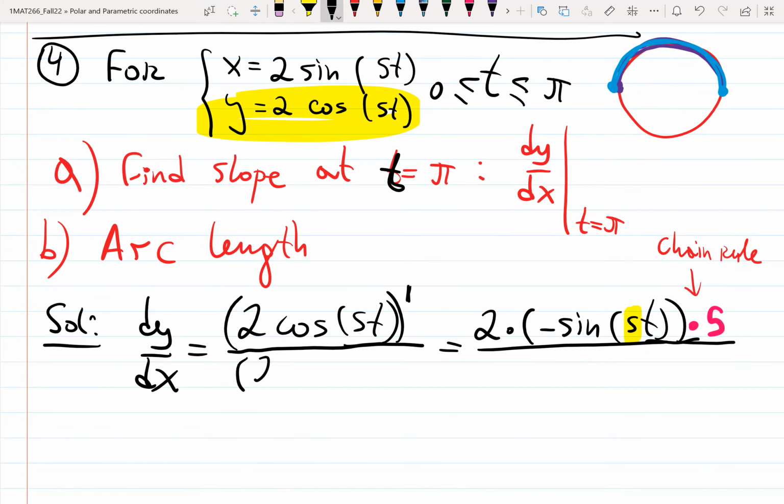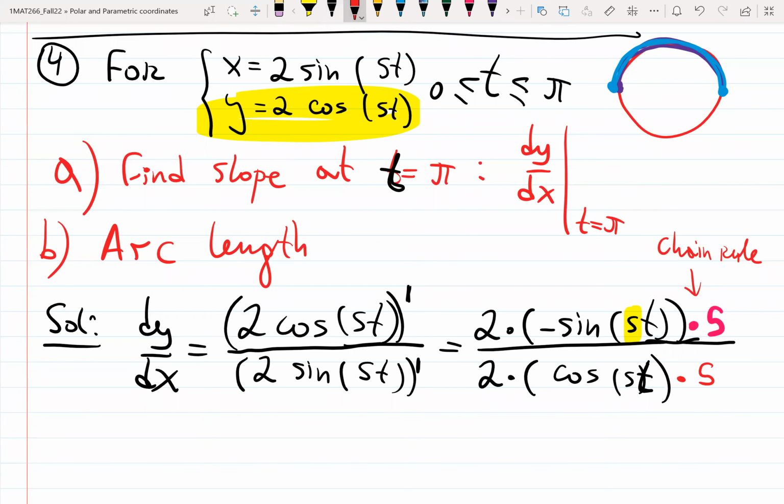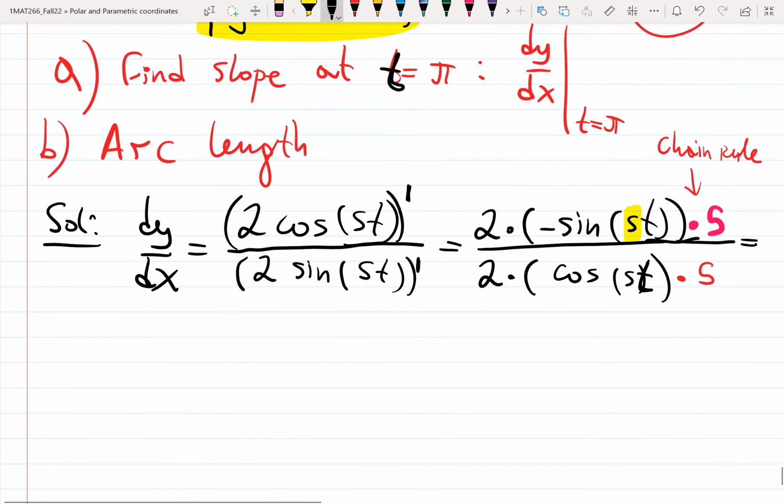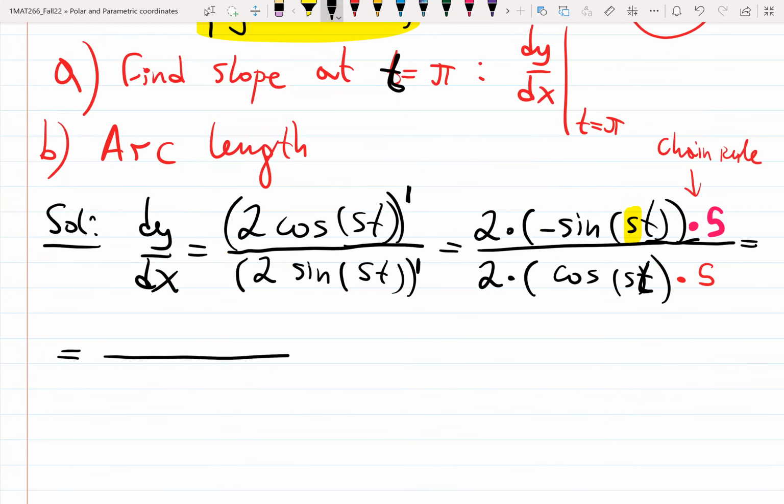Now you can come down and just write down derivative of the first function, which is x. That one goes to the denominator. Derivative of sine is cosine, so 2 times cosine 5t, and you don't forget the chain rule, which is 5 as well. This is the answer. You just simplify. That's it. Oh, we just plug in pi also.